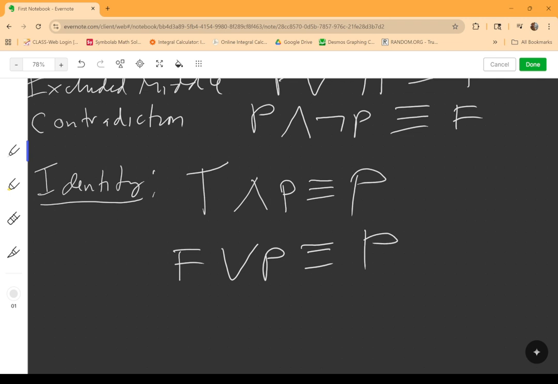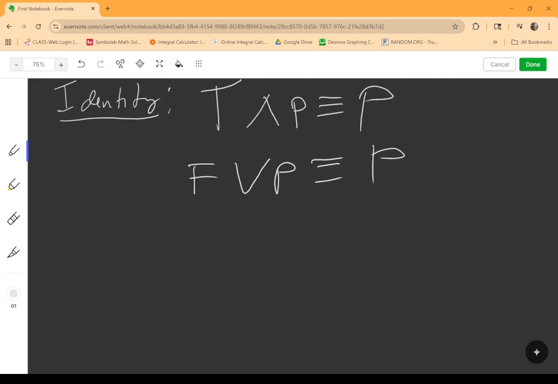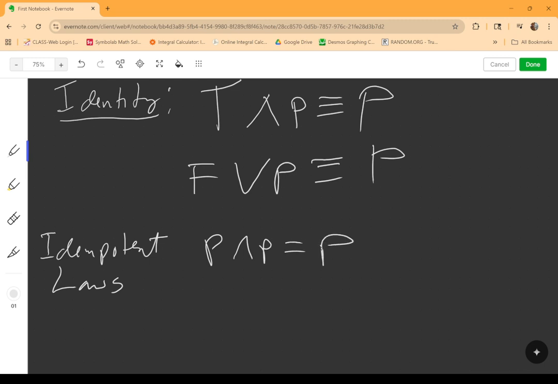If we already know that Q is false, then P or F has the same value as P. Now the idempotent laws. P or P is always equivalent to P, and the same for P and P. That's just logically equivalent to P as well.